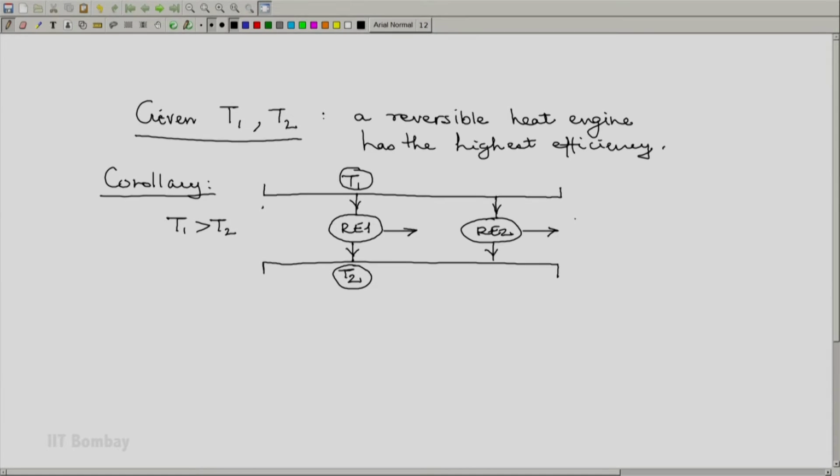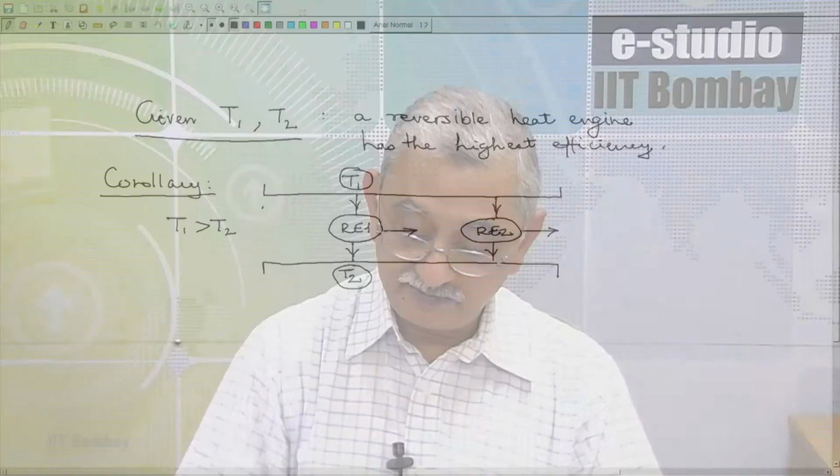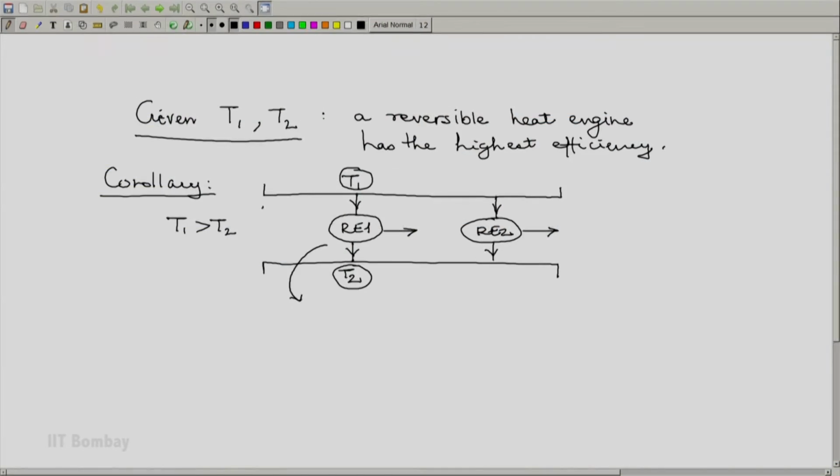I am not even going to show the interactions because that detail is not necessary to prove the corollary. Let me say that the efficiency of this reversible heat engine is eta R1 and the efficiency of this reversible heat engine is eta R2. How do we prove that eta R1 must equal eta R2?